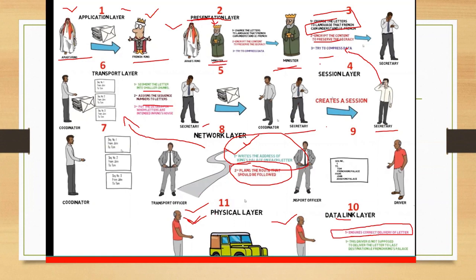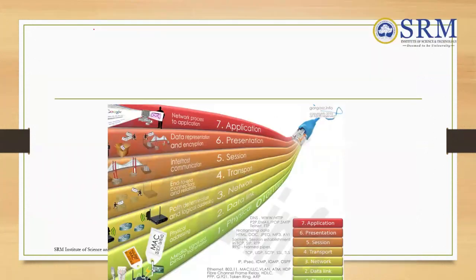In the presentation layer, they will convert that language into the French king's language. Then only he can understand. That is the presentation layer. After presenting it, finally it will reach the application layer. Here the French king can read the original message. So that is the example of OSI layers.